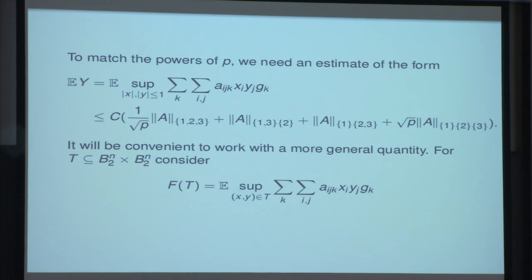To have the right powers of P, please remember that we had P to the power 1 in front of this expectation. And we want to replace it by some quantity involving those norms. So if we introduce this norm, we can allow only P to the power 1/2 in front of it. So it has to be divided by square root of P, right, to reduce the power. These norms, the power of P in front of them should be 1.